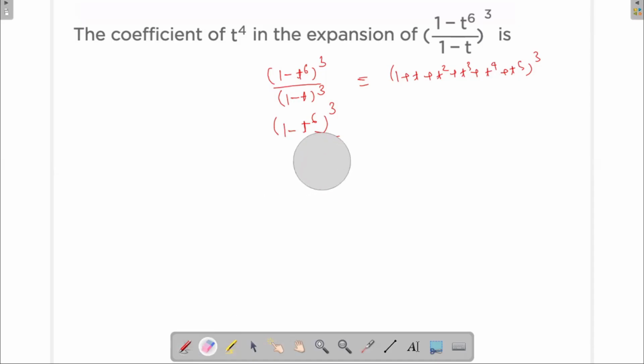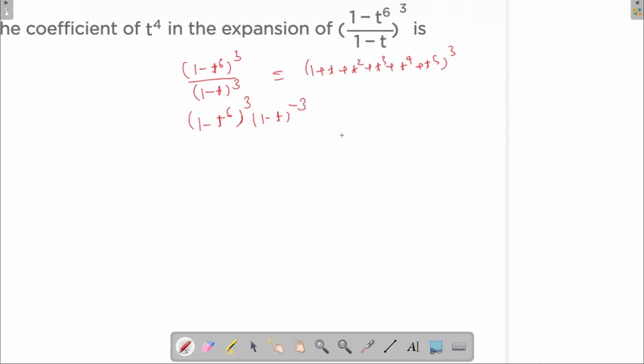So let's try sending it up and then make it 1 minus t raised to the power minus 3. Now, I know the expansion of this, but I don't know this, as in, if you know the expansion of binomial when the power is a negative number or fraction. So we need to know this. So what is the expansion of it?